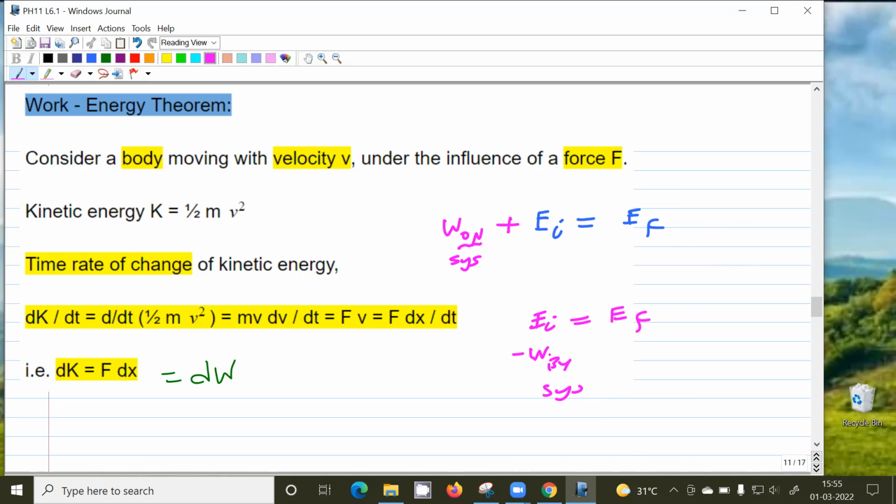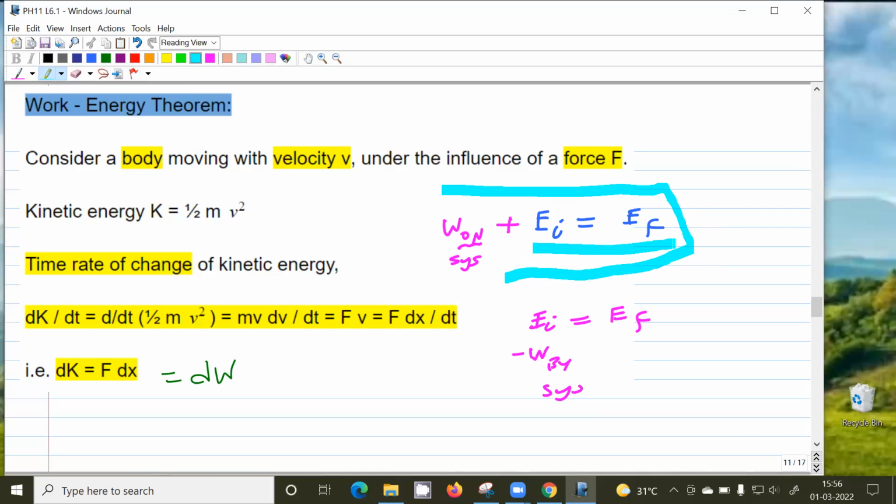So with work done, you have to be careful whether it is work done on the system or work done by the system. This expression, which includes both energy and work, is called the work energy theorem. If it is just the energy part only, it's energy conservation.